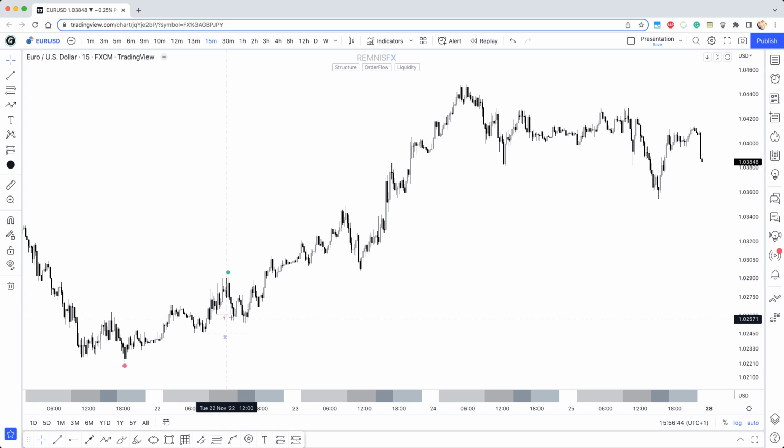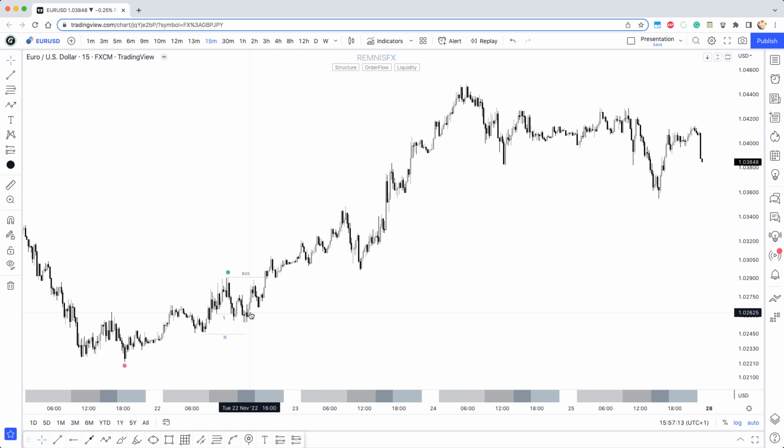So the inducement got taken out. Price never came back to take out the engineered liquidity within the internal structure, and eventually it did break out above this higher high here. So this would be a valid break of structure, because again, everything in between is basically your internal structure.